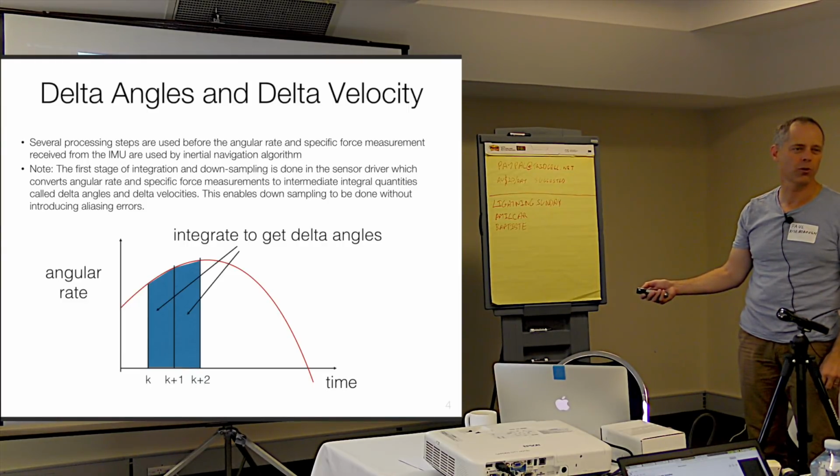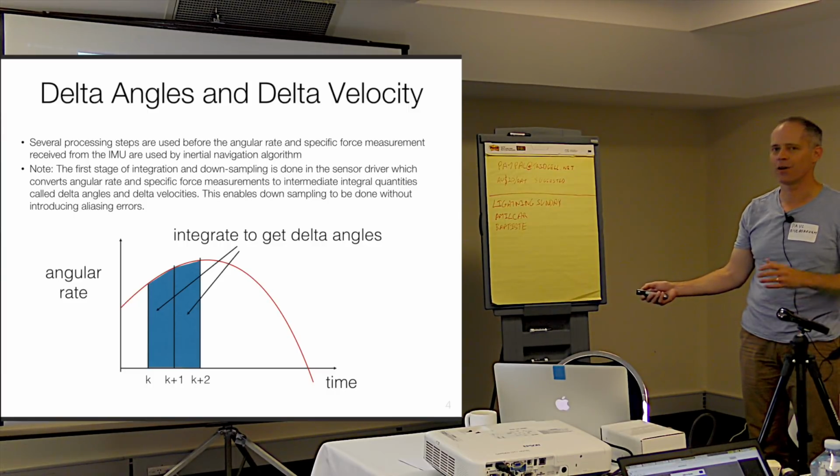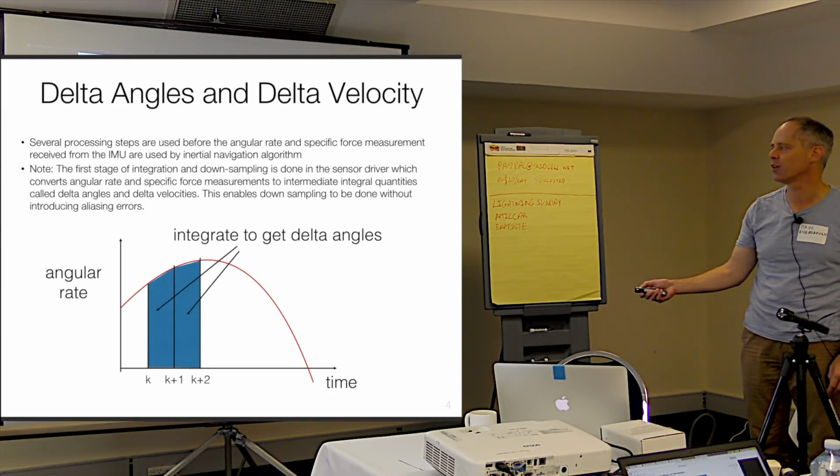I think we're running 4 kilohertz sampling at the moment, 8 kilohertz sampling from memory. And then we do a trapezoidal integration on that data, and the area under that curve is effectively the change in angle since the last time you started integrating.